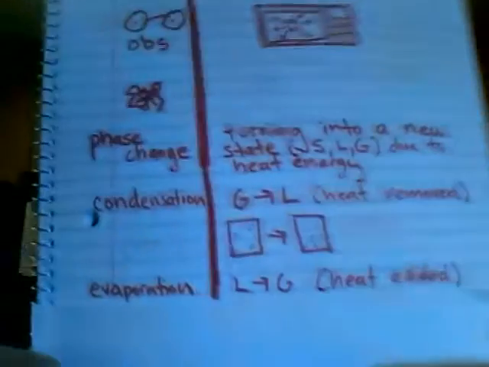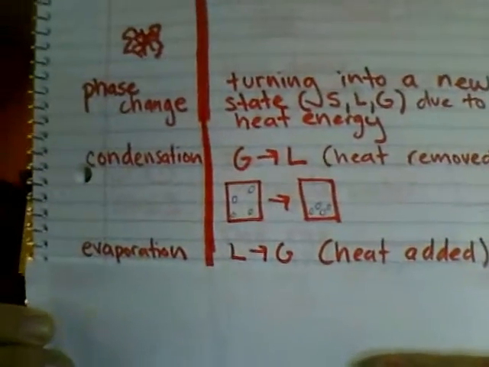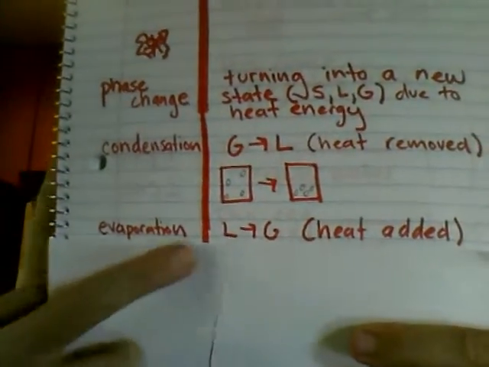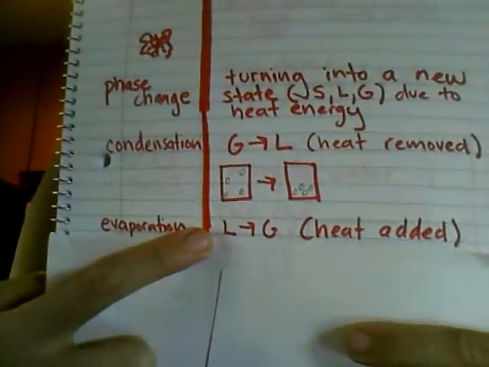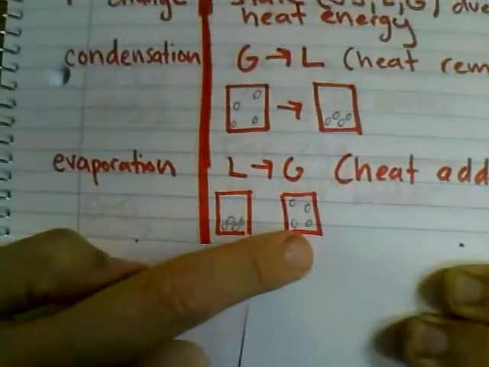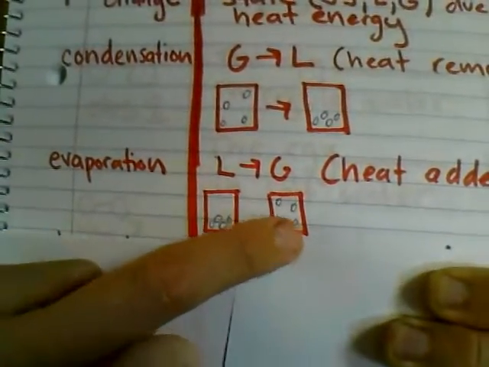That's your next vocab word. Underneath the L, we're going to redraw our diagram of a liquid. And underneath the gas, we're going to draw those molecules that have more energy, so they're further apart.